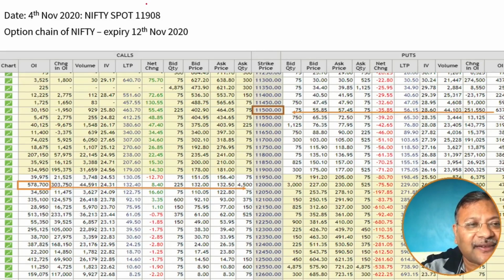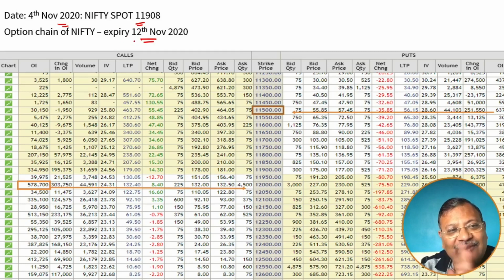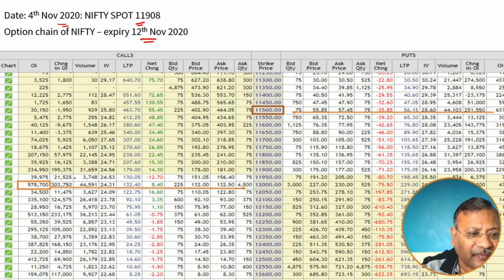Let's look at this option chain data for Nifty expiry 12th November. Now, this data I have extracted of 4th November 2020, when the Nifty spot was 11,908, and we are looking at Nifty expiry 12th November. If you look at the OTM section, you will find that the highest volume is taking place at 5,78,700, which gives us a resistance level of 12,000.